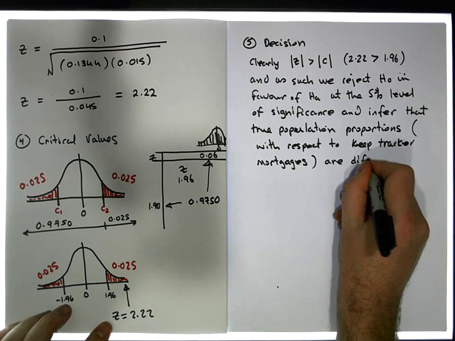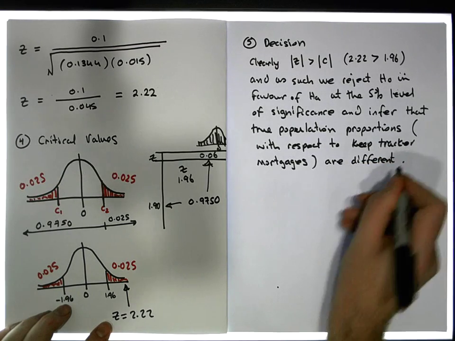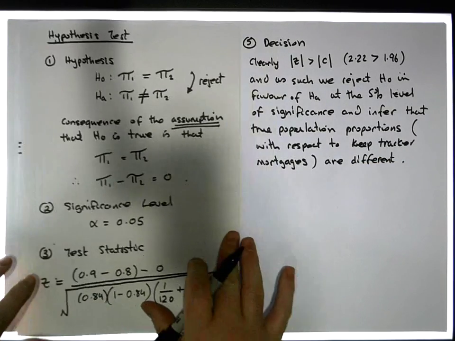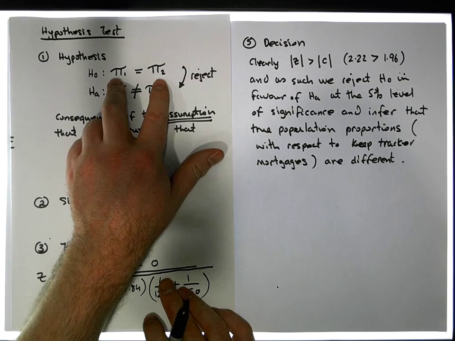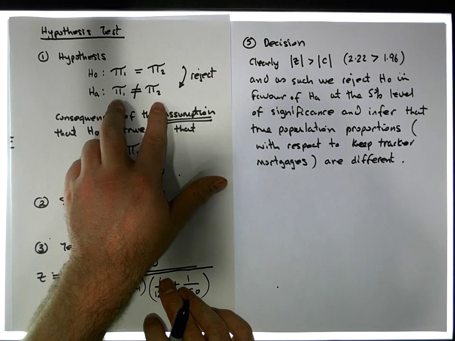When we reject, don't forget, even our null position is a statement about the populations that the samples have been drawn from, and our alternative is a statement about the populations that the samples have been drawn from.